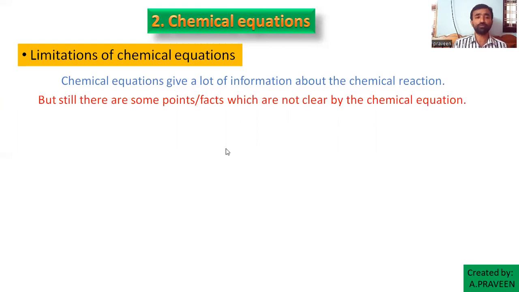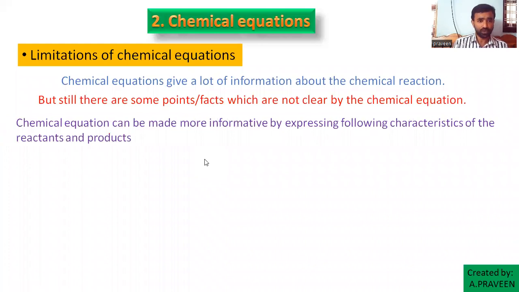What are the problems we are facing here? In a chemical equation, we need to express the characteristics of reactants or products. Maybe physical characteristics, or conditions for the reaction between them.